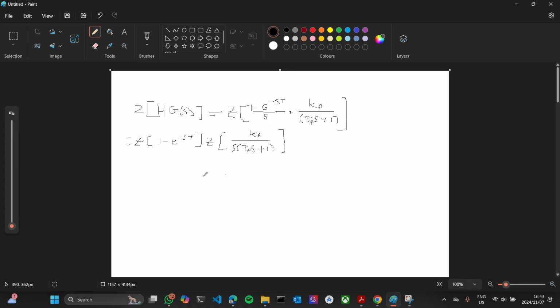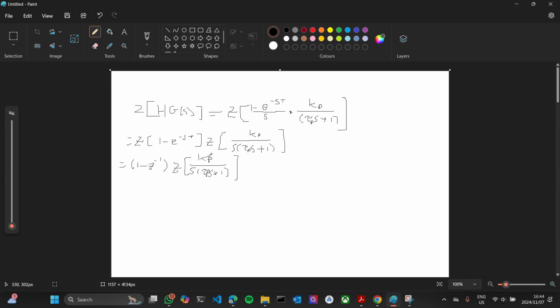All right, so you can go ahead and transform this. So it's going to become 1 minus z to the negative 1, multiplied by this Kp over s (tau p s plus 1).